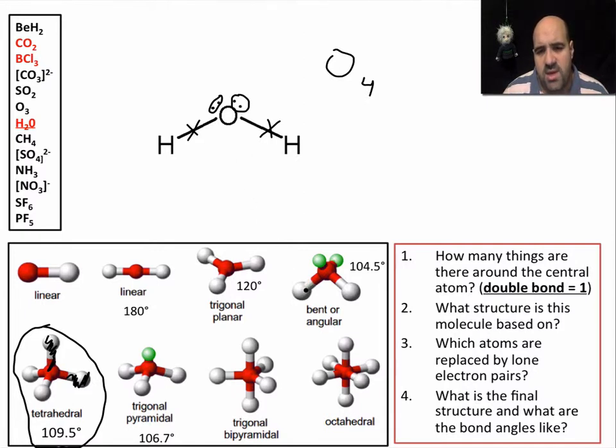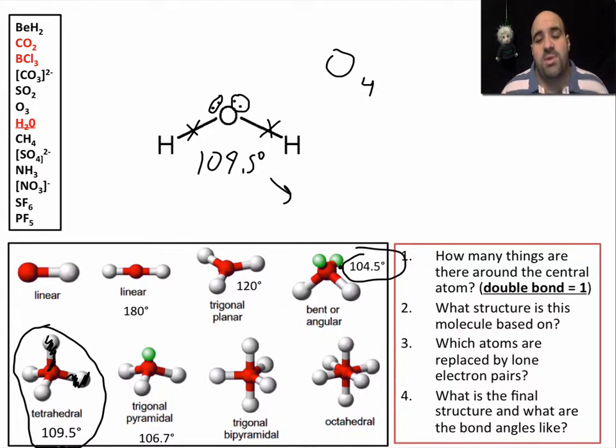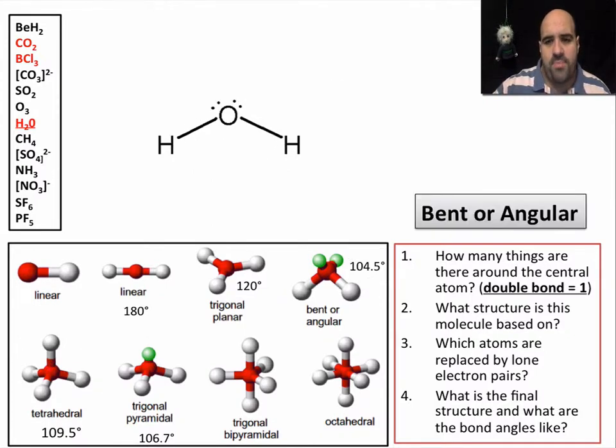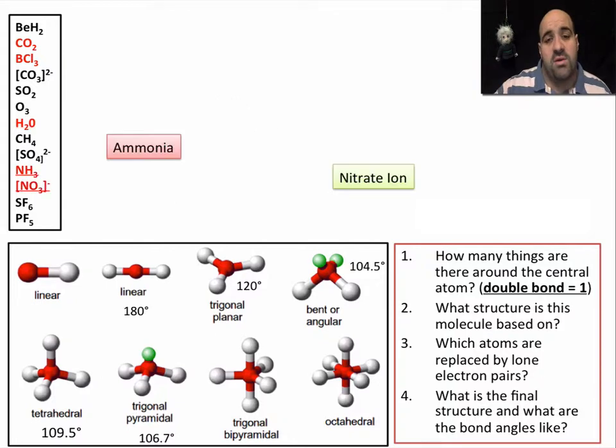So you could just say there's 2 atoms and 2 electron pairs, or it's based on a tetrahedral shape, 4 things around a central atom, but we get rid of 2 of the atoms because they're just electron pairs. But these electron pairs bend the water molecule a little bit more, so instead of 109.5 degrees, it's going to be 104.5 because there's a little extra repulsion when we have electron pairs. And this is not drawn to scale. So this is called bent or angular.